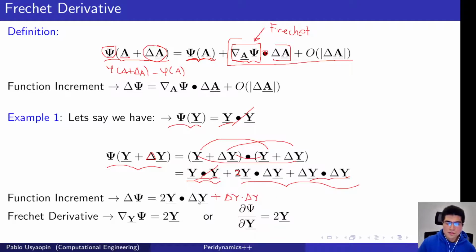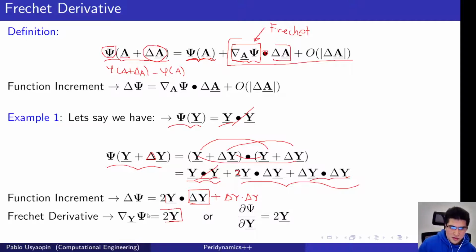And now, because we know from the definition that the function to the left that is being multiplied times the increment is going to be the Frechet derivative, then we know that the Frechet derivative is this term here, which is left alone.